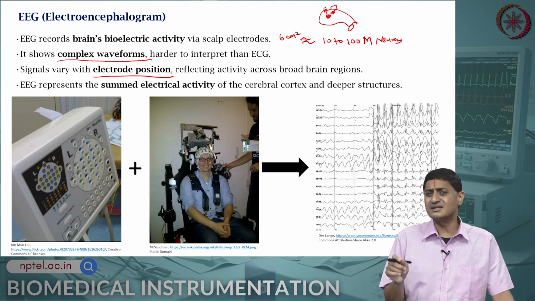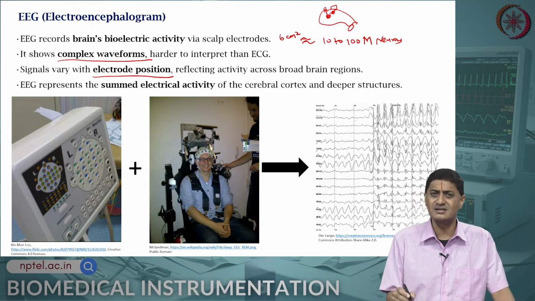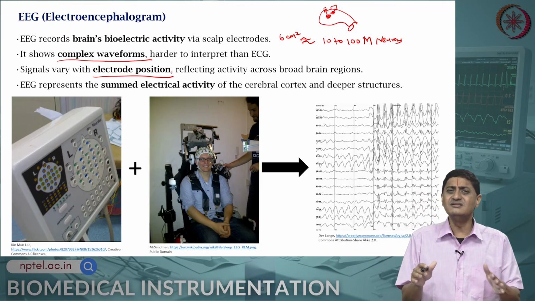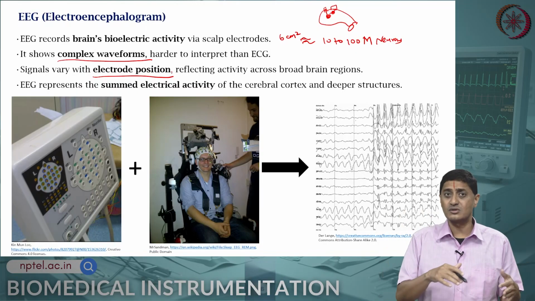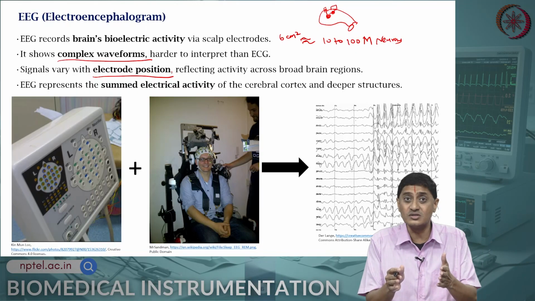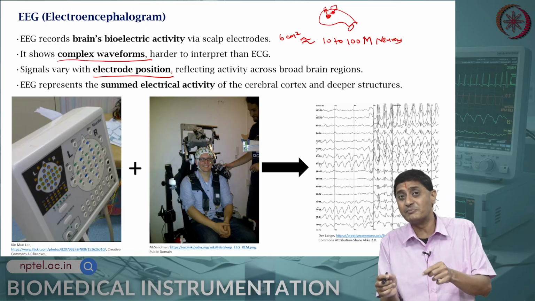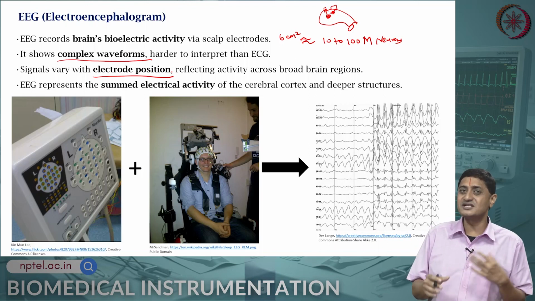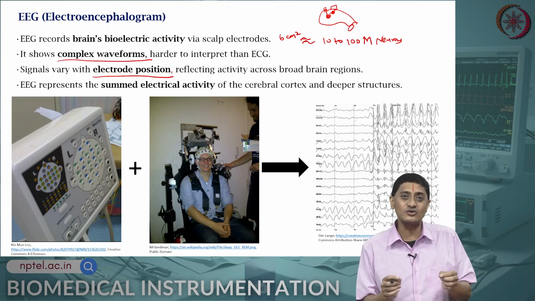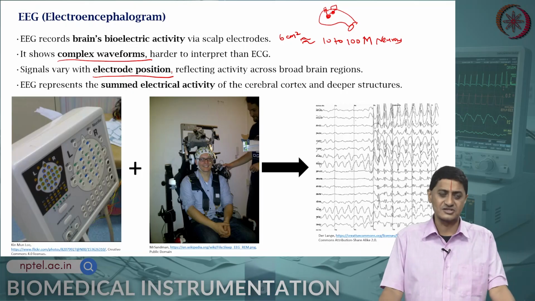Electrodes essentially measure not just the activity right below them, but rather activity within a certain radius, about 5-6 centimeter radius around that electrode. So, if you keep electrodes too close, you are picking up activity that has already been picked up by the neighboring electrode. Again, we discussed the advantages and disadvantages of having too many electrodes and too few electrodes in the electrode arrays and other such discussions.